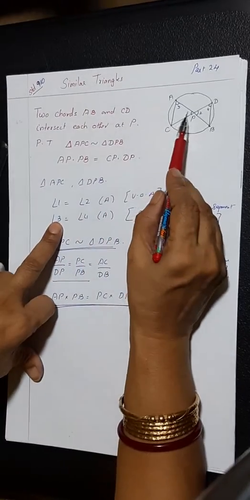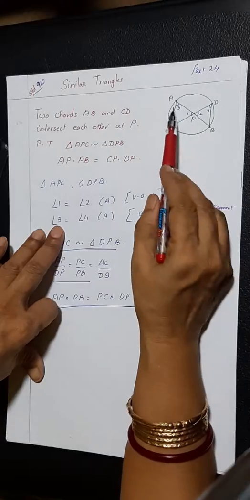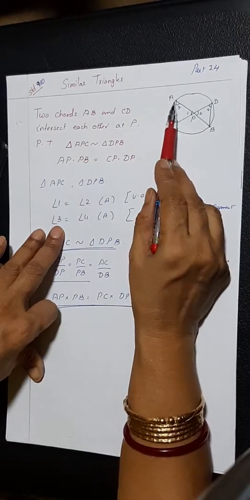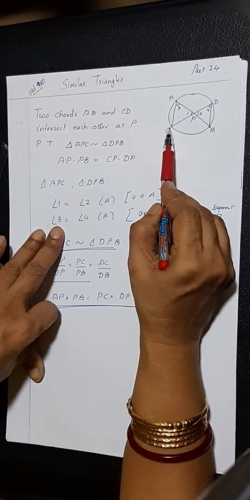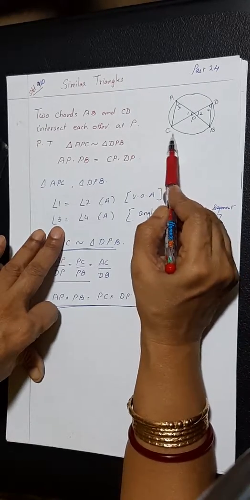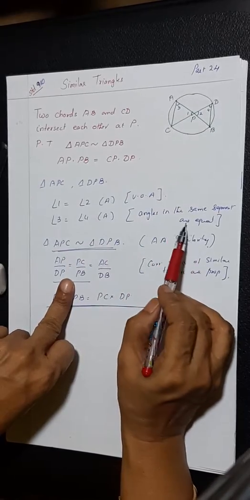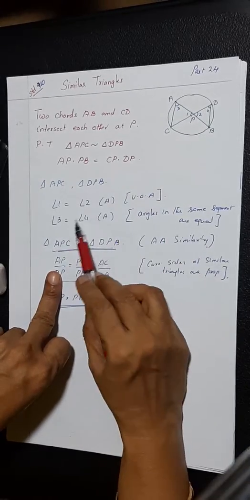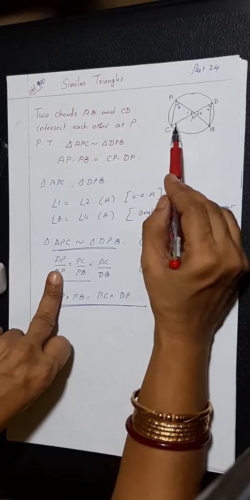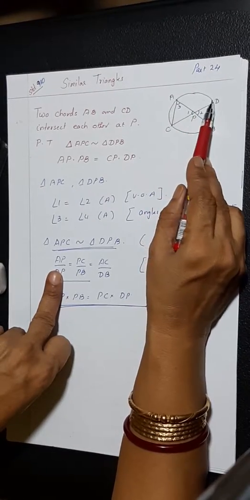Now, angle 1 is equal to angle 2, because they are vertically opposite angles. Now, angles CAB and CDB are equal because BC is a common arc. Angles in the same segment are equal. You can also say angle C is equal to angle B, since AD is a common arc.